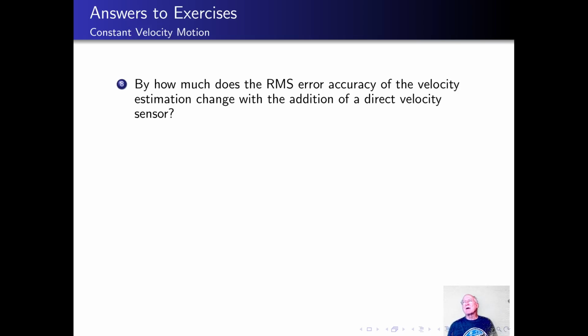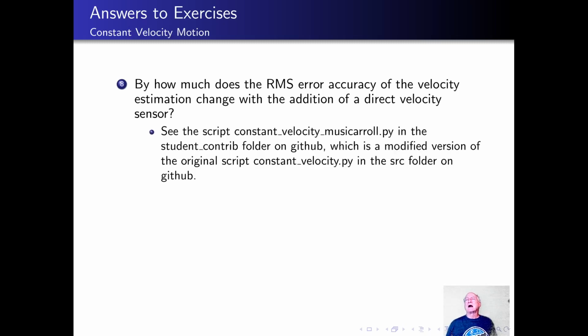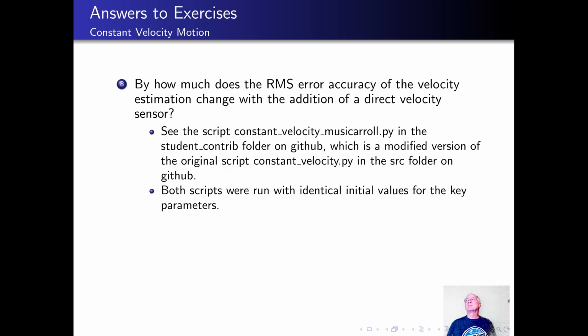So by how much does the RMS error accuracy of the velocity estimation change with the addition of the direct velocity sensor? Here for the answer, I will give you both the position accuracy improvement and the velocity accuracy improvement. You expect both of these states to improve in their estimation accuracy.